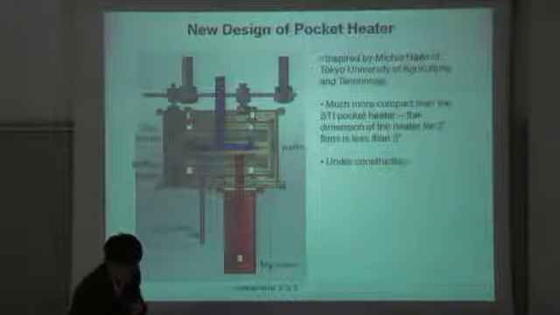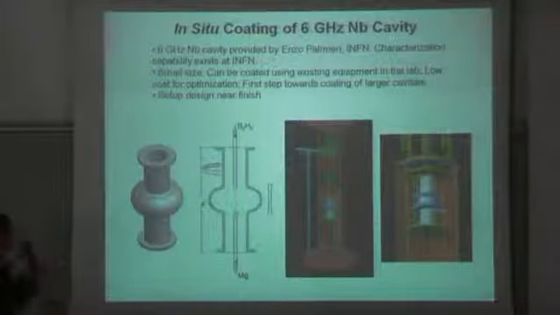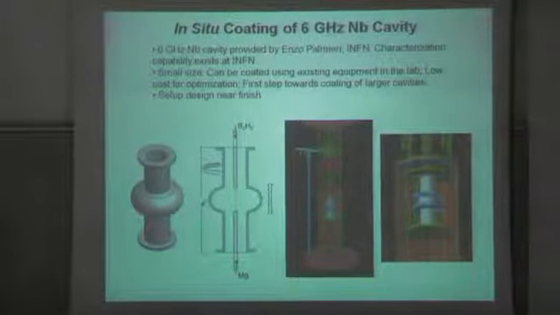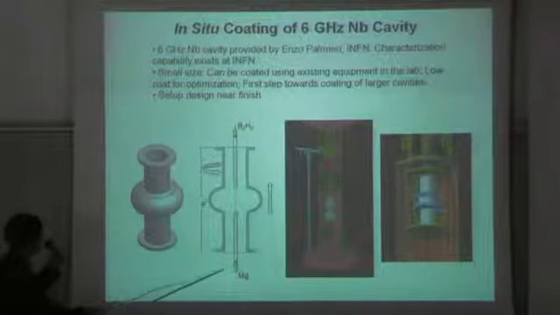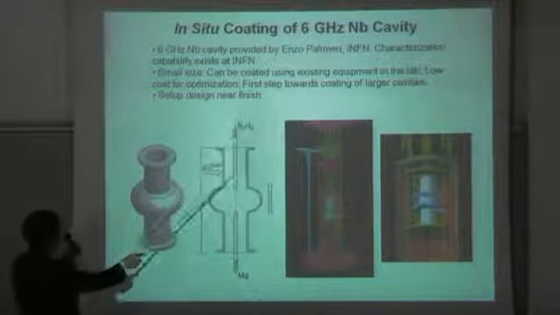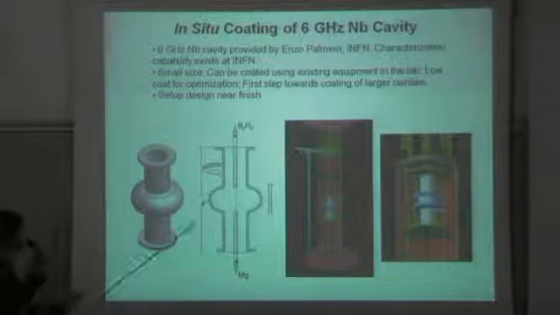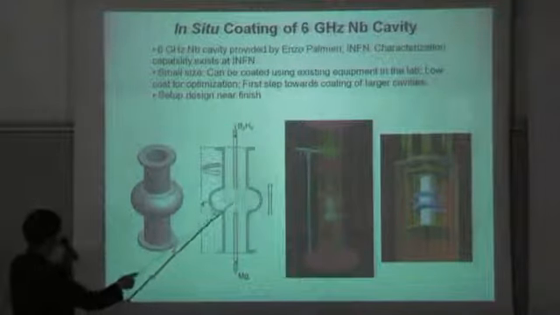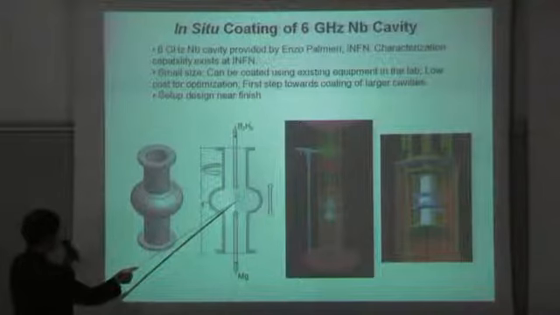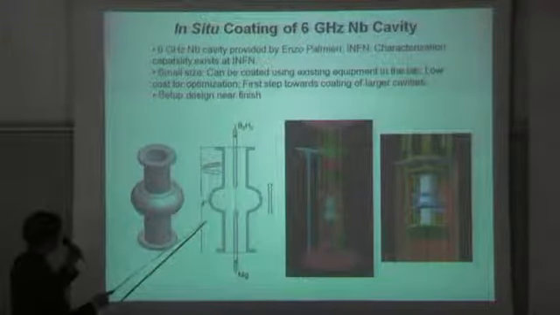And so in terms of coating of cavities, as I mentioned, we will first try to coat the 6 gigahertz niobium cavity. And the idea we have is to do the in situ coating and introduce the magnesium vapor and diborane gas from two sides of the cavity, and they will see each other in this space, and then coat on the cavity wall.